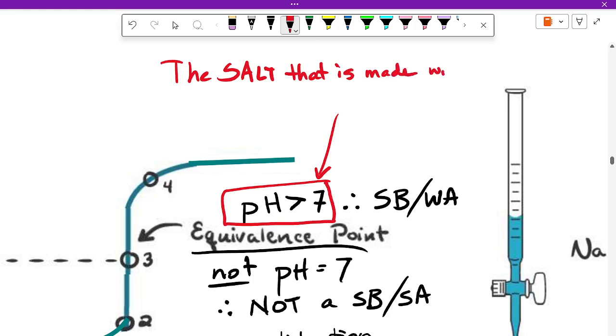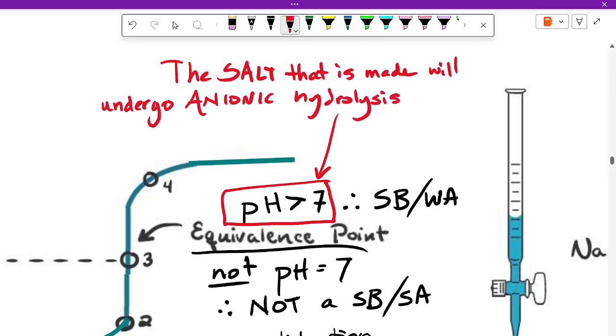The salt that is made will undergo anionic hydrolysis. Therefore, it produces OH minus. And if I were answering this on a test in a written response question, I would probably take the anion and show the hydrolysis equation.